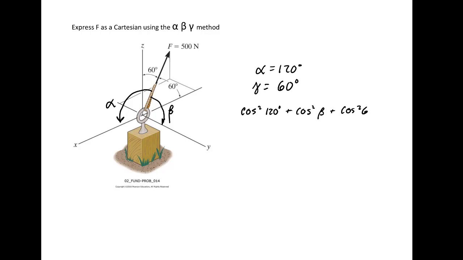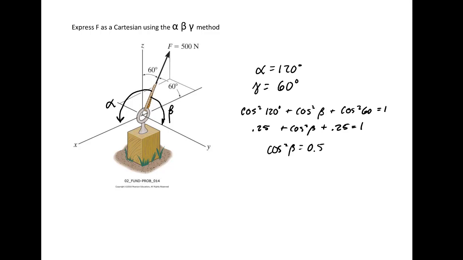Sorry about that. And that's going to be equal to 1. All right, we can simplify this. I can take that cosine squared 120 degrees, that is 0.25, plus cos squared beta, plus cosine squared 60 degrees, which is also 0.25, equals 1. Then you can solve this for cos squared beta is equal to 0.5.